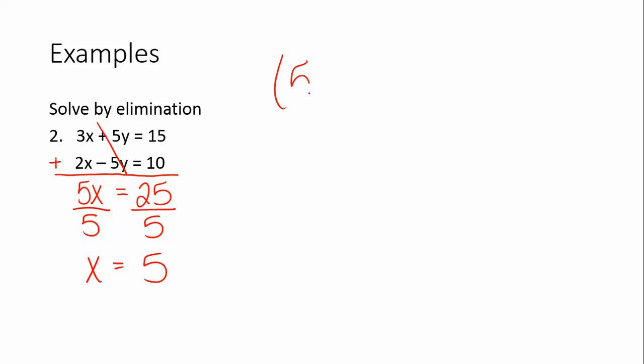So the first half of our answer is 5 something, and we need to plug that answer back into one of the original equations. I'm going to plug it back into the first one. There's really no preference here. So 3 times 5 plus 5y.